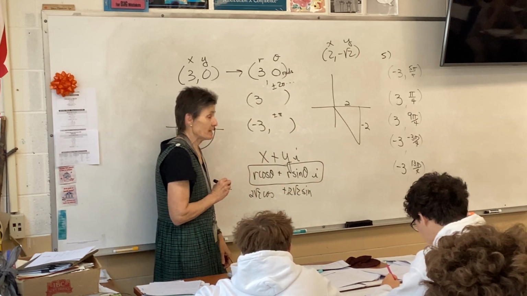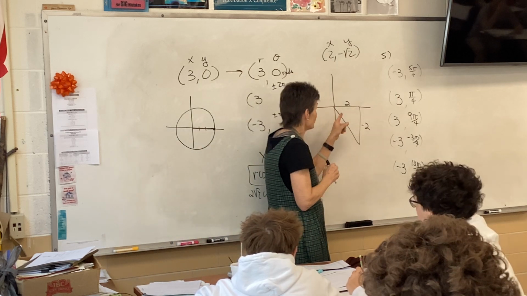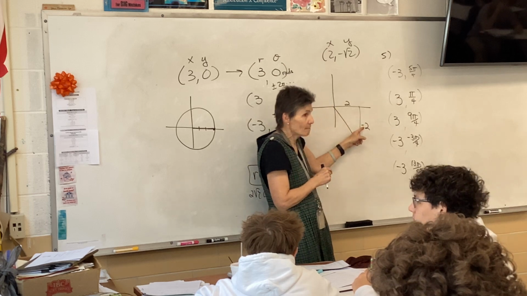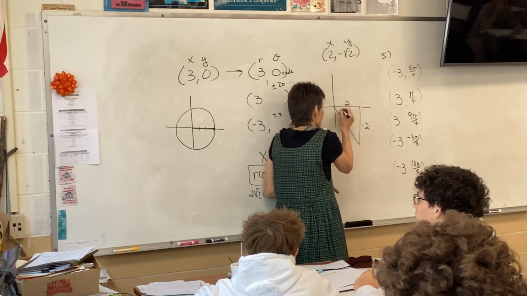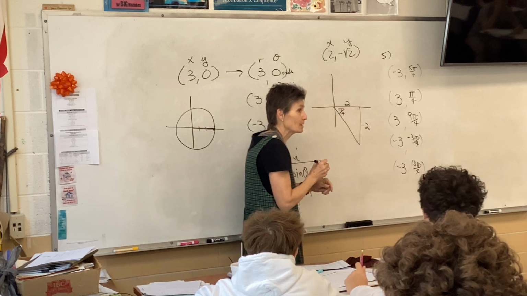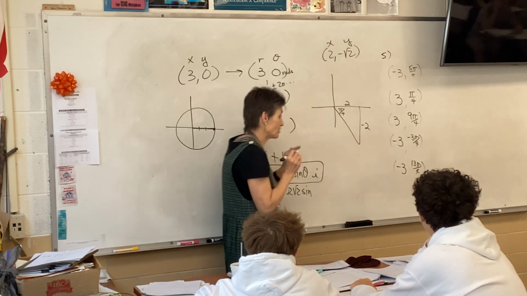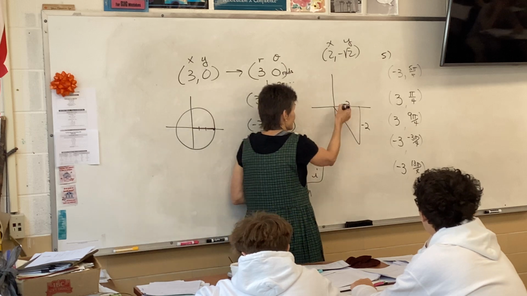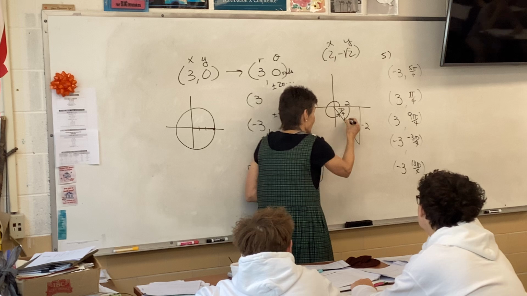Now I need my theta. Well, ideally, you recognize that if X and Y are the same, it's pi over 4. So this angle right here is pi over 4. But the answer here is not pi over 4. The answer here has to either be this angle or this angle.